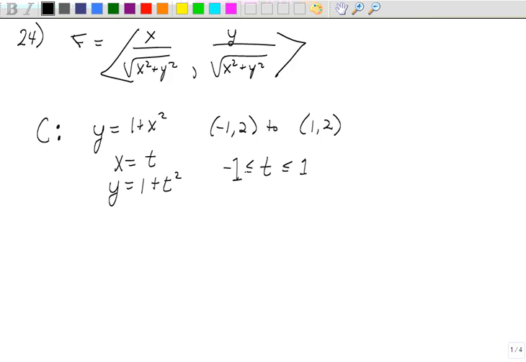So, f of r of t is t over the square root of t squared plus 1 plus t squared, squared.